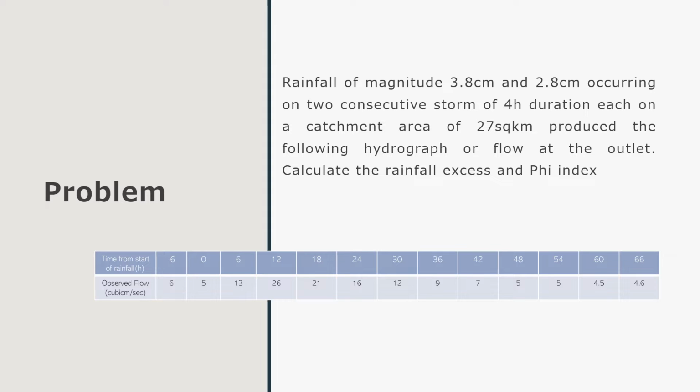As you can see, each column is of 6-hour duration, and the runoff actually starts from the second column when there is a flow of 5 cubic meter per second.